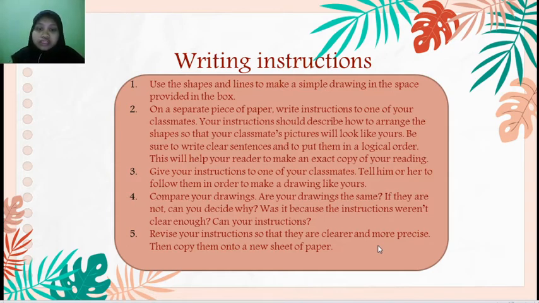Be sure to write clear sentences and to put them in a logical order. This will help your reader to make an exact copy of your drawing. And then give your instructions to one of your classmates. Tell him or her to follow them in order to make a drawing like yours.